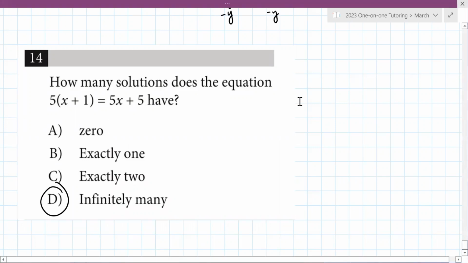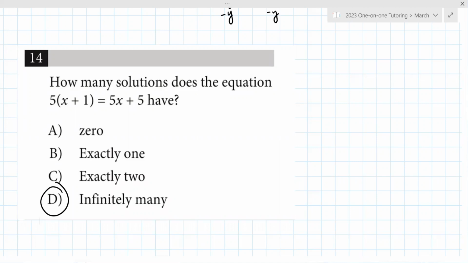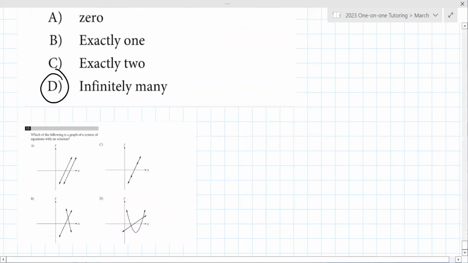All right. So we've kind of done this one, but we'll do it anyway. Let me make this a little bit larger.